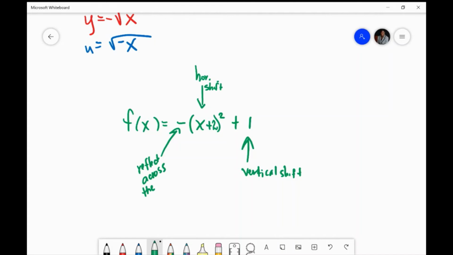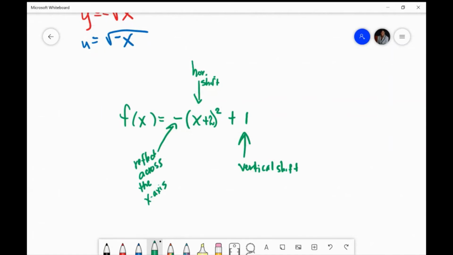The negative on the outside represents reflection across which axis? It's actually x. So think about it. If you flip something down, aren't you flipping over the x? If you flipped it to the left, then it would have been y-axis. All right. I might have to use some hand motions to show you what I mean about that.